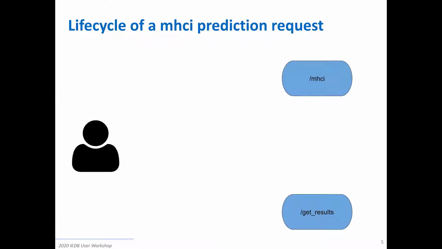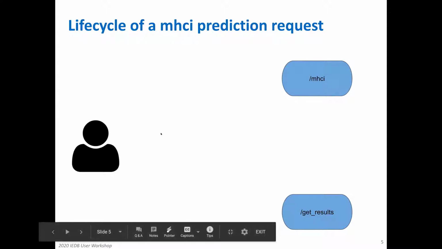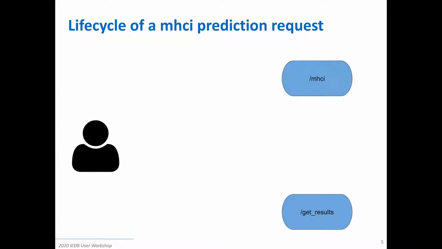To set things up, I want to explain the way we're envisioning the life cycle of a prediction request. Here I'm focusing on MHC1 prediction requests, so things related to binding and processing and immunogenicity. We're bundling all of that under this MHC1 endpoint.